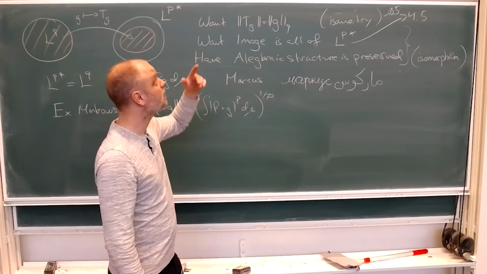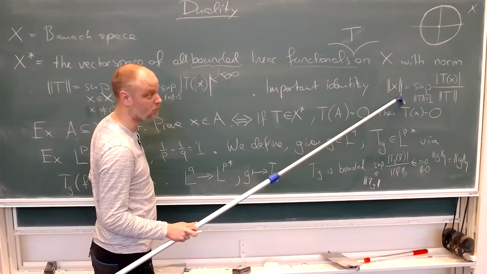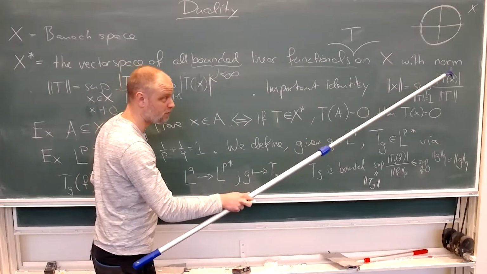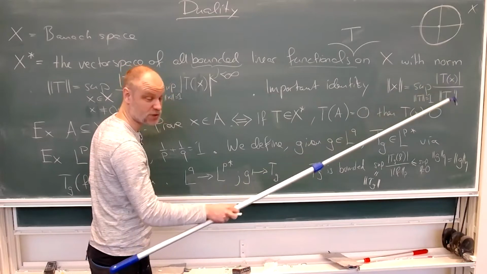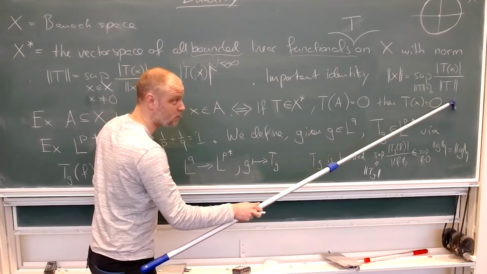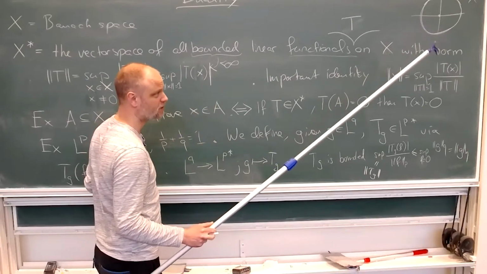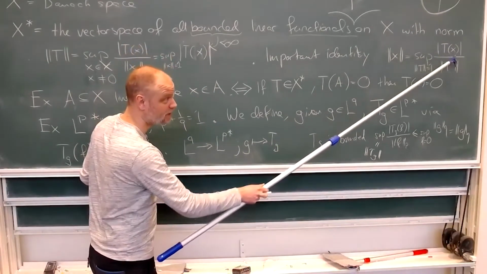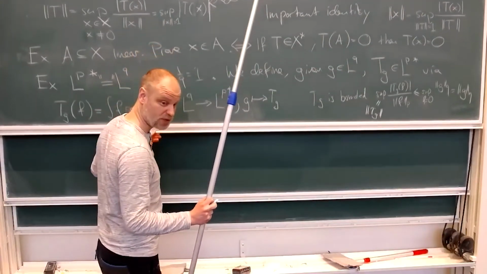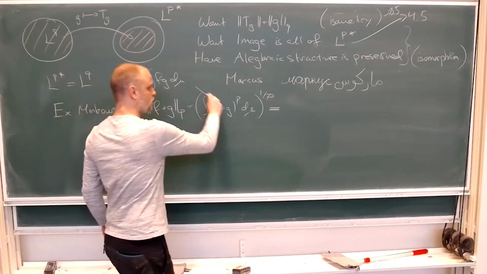Now let's go and pick up then. So the other one I wanted is this one, right? I want the norm of, in our case, f plus g, is the supremum of this quotient here, bearing in mind that the linear functional Tg has the same norm as g. So keep this identity in mind, I'm going to write it up now in our concrete situation. Okay, so this is no good.